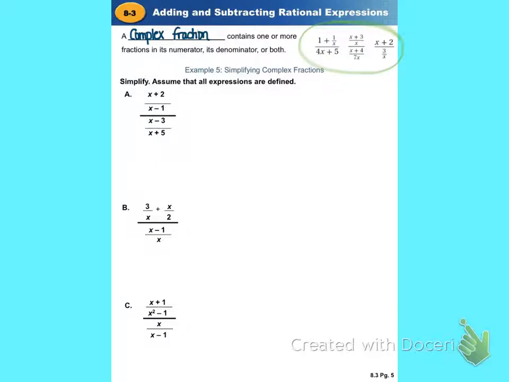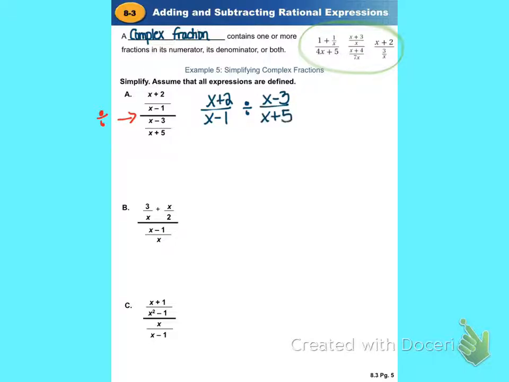So let's see, this fraction bar right here means the same thing as division, right? That just means divided by. So if we were to take example A and rewrite it with the division sign instead of the fraction bar, it would look like this. The numerator, which is x plus 2 over x minus 1, and then it's divided by x minus 3 over x plus 5.